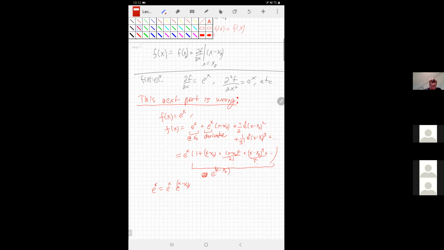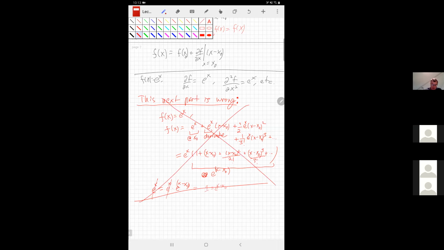Or if we canceled, we would conclude that 1 equals e to the x minus x naught, which is clearly not true in most cases. It's true if x minus x naught is 0, but it's certainly not true in general. So don't do that. Here's the correct way to do it.